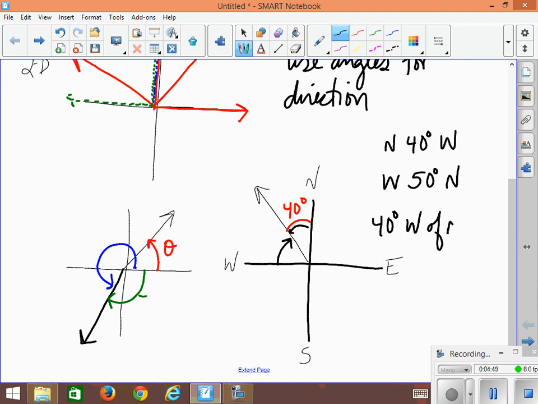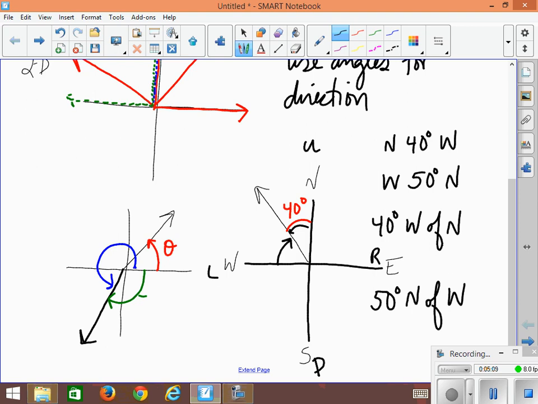This is another way of doing it, not as common. And then you can also do 50 degrees north of west. So all these different options for using the cardinal points. And of course, these could be replaced with up, down, left, and right, any reference frame that you choose.